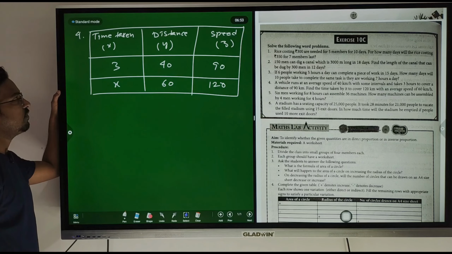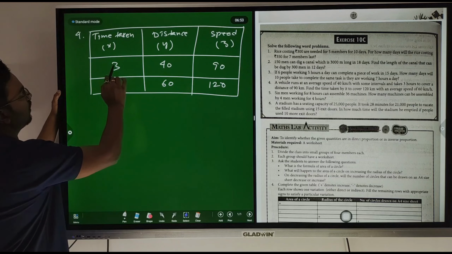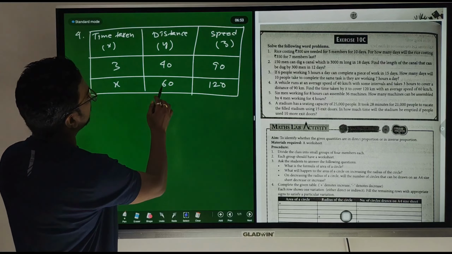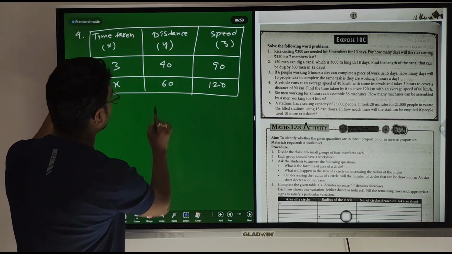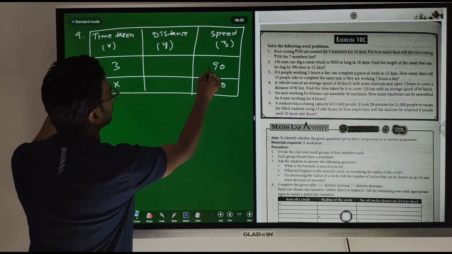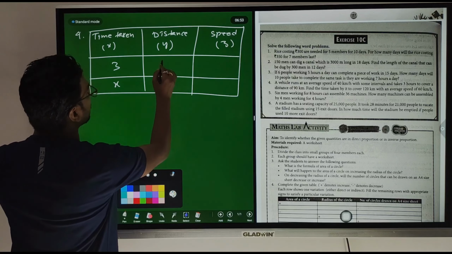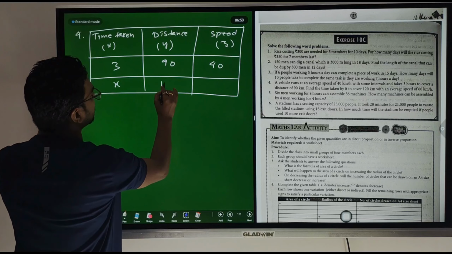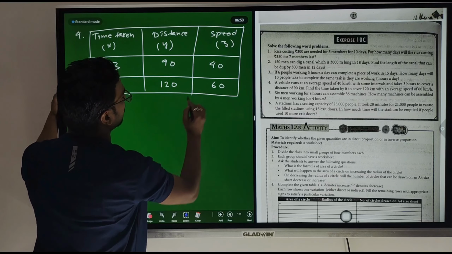Fine. So in this case, what we will do? Here you see, sorry, I have written it the other way, right? This should be 90 kilometer and the speed is 40 kilometer per hour, and this is 120 and this is 60 kilometer per hour.